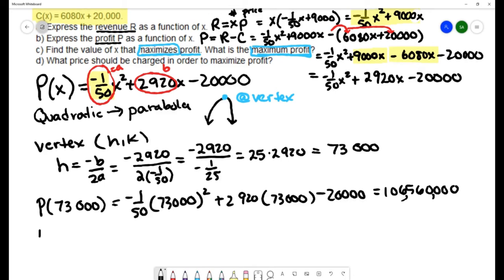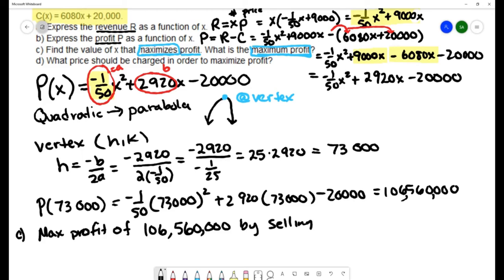So we are going to get, this is for part C, a max profit of 106,560,000 by selling 73,000 vehicles of these vans.